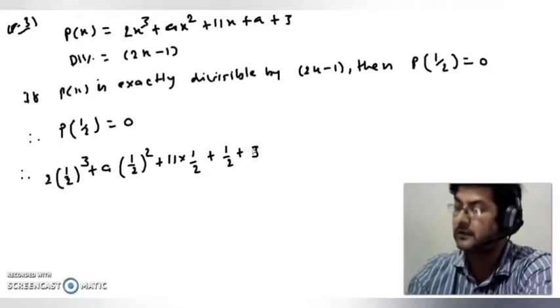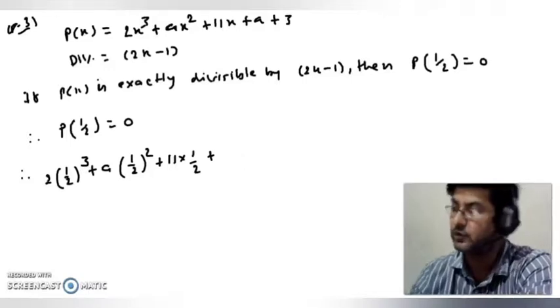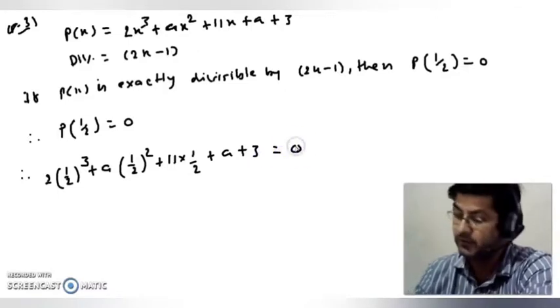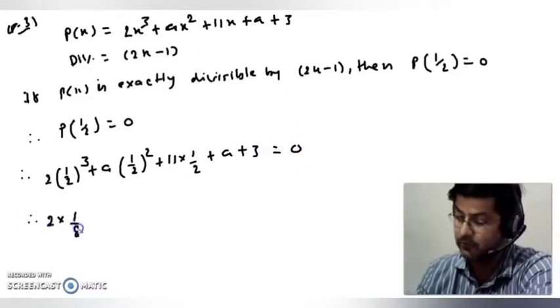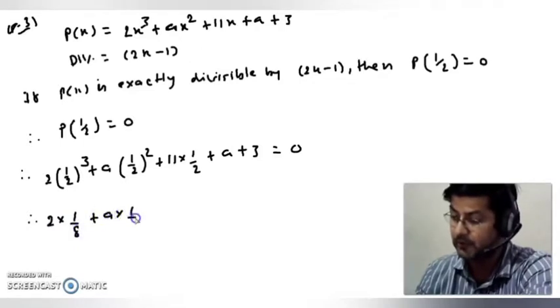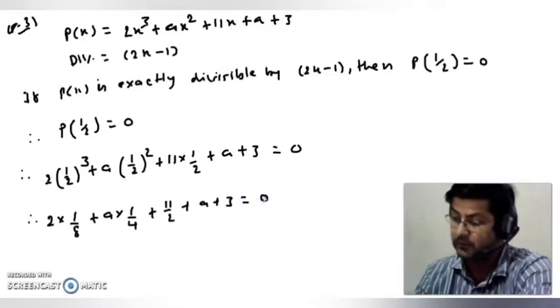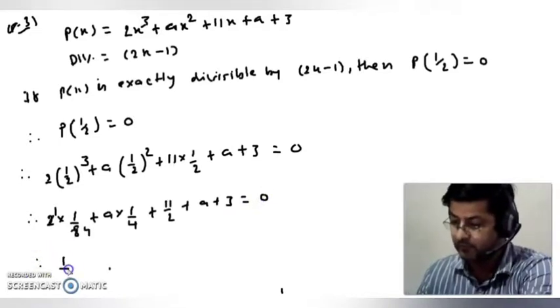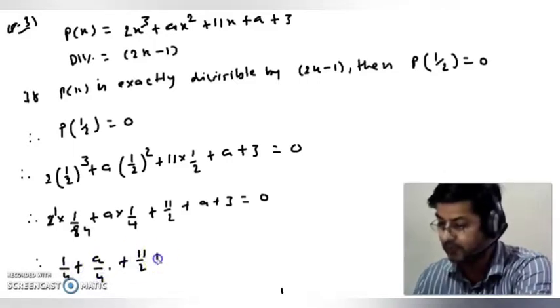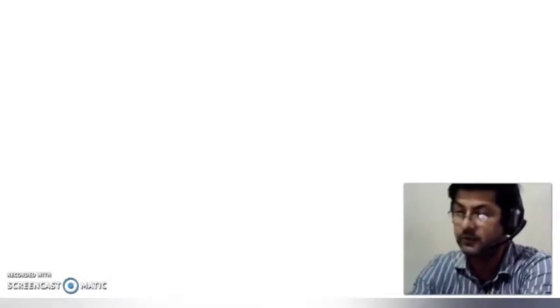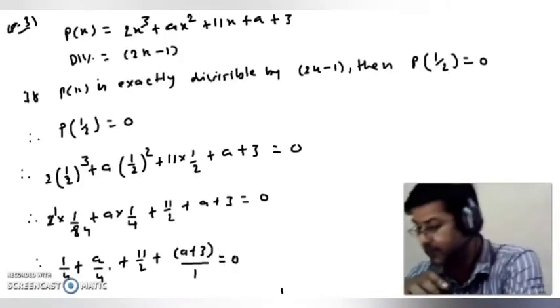Okay, it is a, not x, so we'll write a plus 3 only. Okay, this is equal to 0, therefore 2 into 1 by 8 plus a into 1 by 4 plus 11 by 2 plus a plus 3. Therefore 1 by 4 plus a by 4 plus 11 by 2 plus (a plus 3) upon 1 is equal to 0. Therefore, let us take the LCM. LCM will be 4.